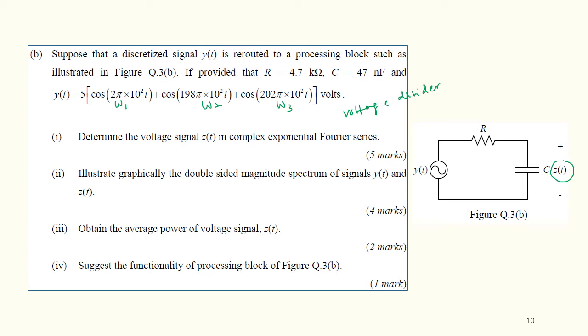If you represent the equation, z(t) will be equal to y(t) multiplied by the capacitor component in Fourier series, 1 over j omega n C, divided by the total impedance, so R plus 1 over j omega n C. So what is omega n?